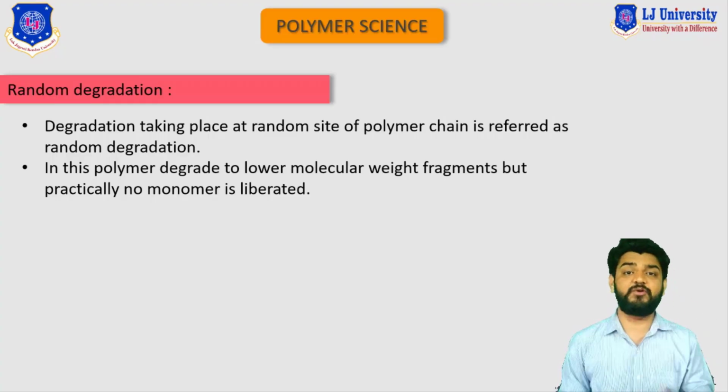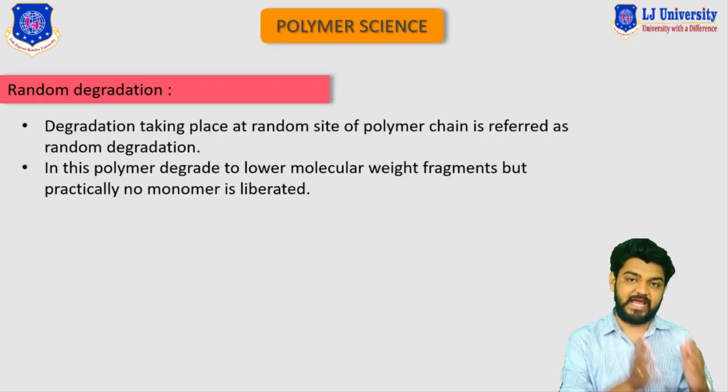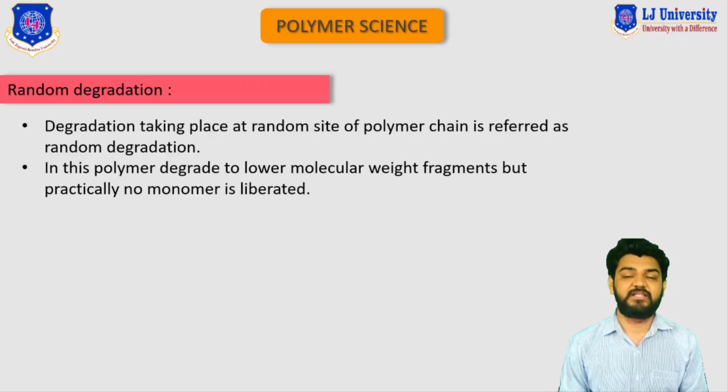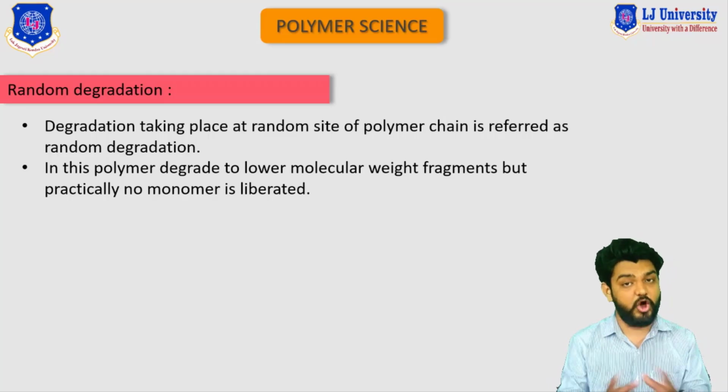As in the case of the chain end degradation process, your degradation starts from the end of the chain. But in the case of random degradation, there is no specific point where the degradation process will take place. It can take place anywhere along the long chain.